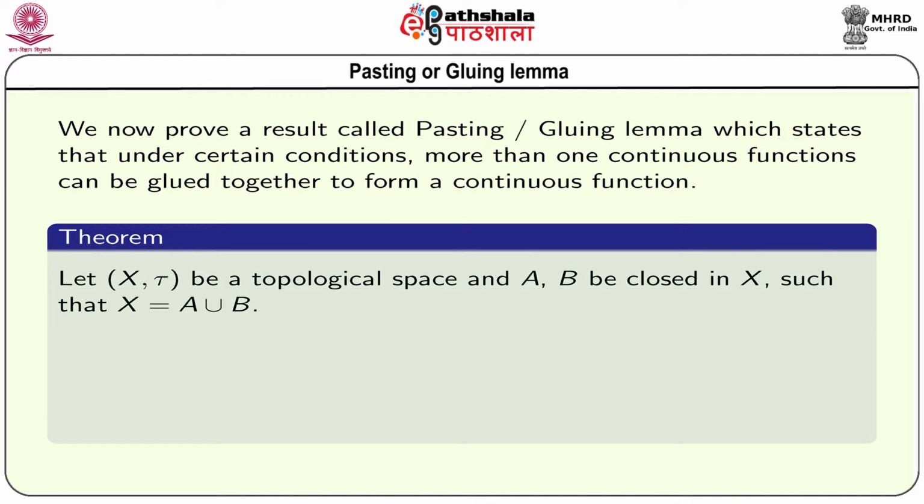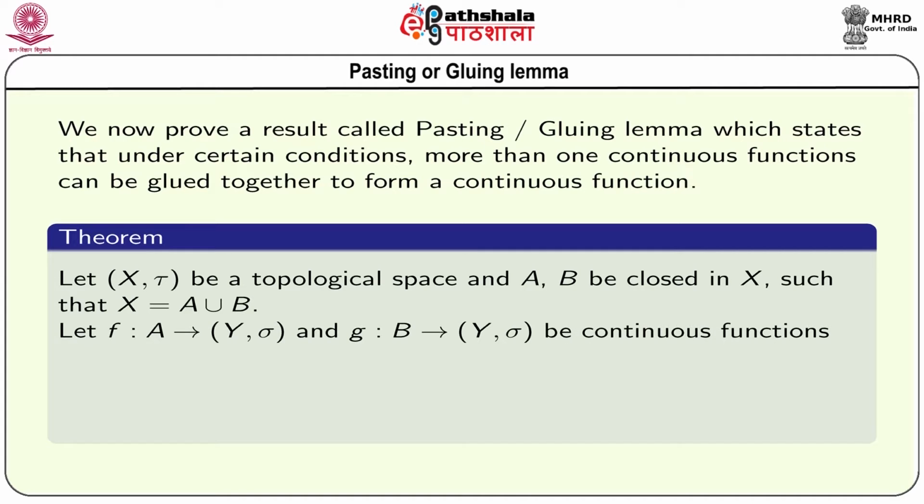Now, the statement of the pasting lemma is: if we start with a topological space X tau and we know that A and B are closed sets in X such that capital X is equal to A union B, we know two continuous functions f and g. f is a function from A to Y and g is a function from B to Y, where Y is another topological space.